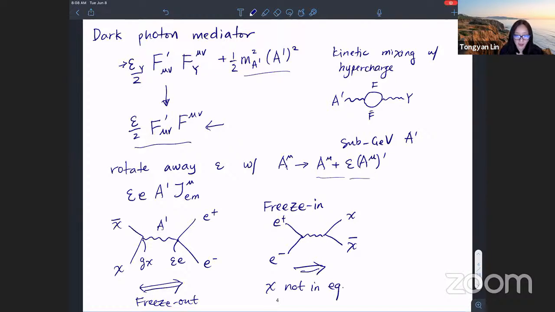You just have very rare interactions occurring in the standard model thermal bath, where occasionally e plus e minus will annihilate to the dark matter. And you can produce the right amount of dark matter in this way through the combination of couplings, which is about 10 to the minus 10, so much smaller. And this m A prime is pretty light. The dark photon is pretty light.